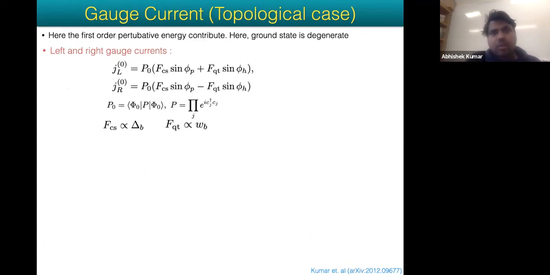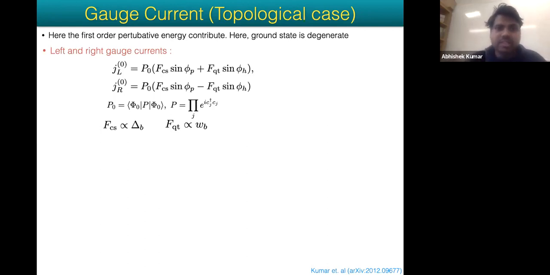Okay, so for the topological case, we get a first order perturbative energy, and you can see that the coefficients here depend linearly on delta B and WB, and P naught is basically the parity in a degenerate ground state.